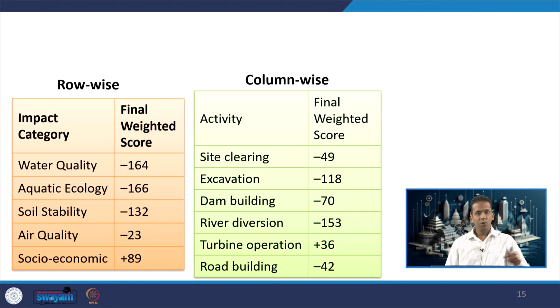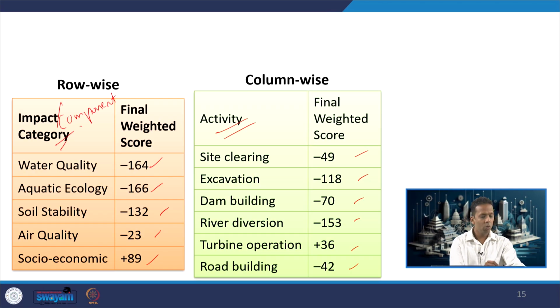Now, if we do the column wise for the same matrix, I have taken the same numbers, minus 164, minus 166, plus 89, these are the row wise sums. Now, for the same matrix if we do the column wise sums, it gives us the final weighted score for each activity. Here it gave for each impact or environmental component or factor.